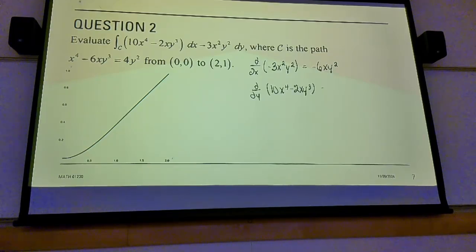Why is that important? Or I should say, why is that useful? If F is conservative, then the closed integral, fortunately, it's not circulation. But there is something else in that theorem.